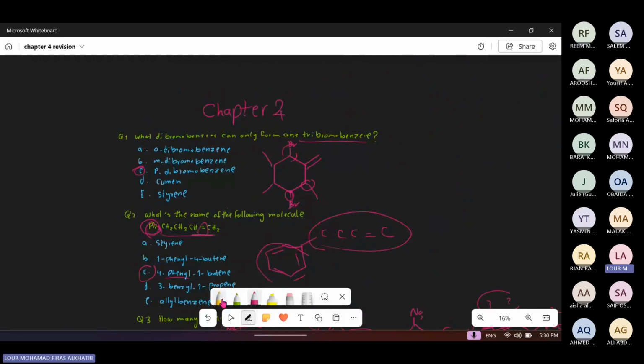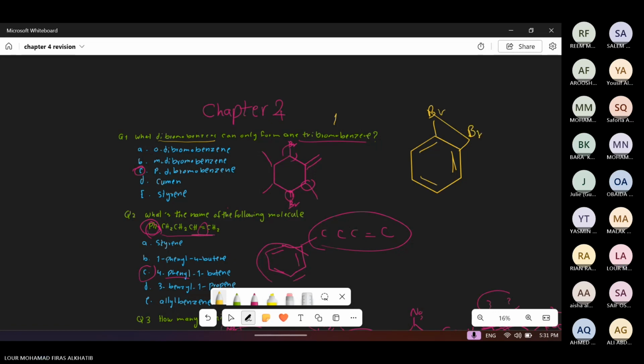Again, let's draw the structure. Our beautiful benzene. We want to find a structure for a dibromobenzene that will only give us one tribromobenzene. Let's look at our options. Say it was ortho.